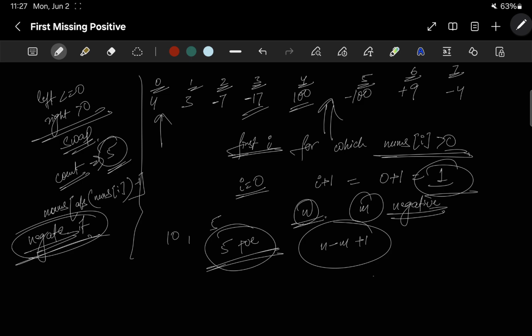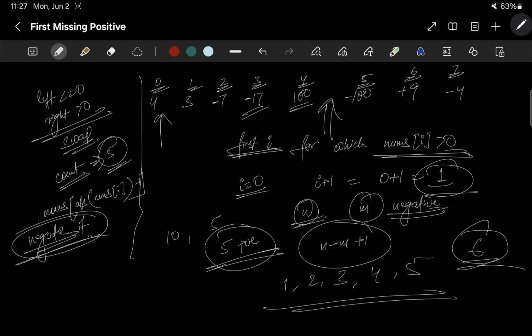If there are only 5 positive elements, you can best case have 1, 2, 3, 4, 5. In that case, your answer will be 6. So n minus m plus 1, 10 minus 5 plus 1, which is 6. So that's why we skip the index for those elements which are outside our count.